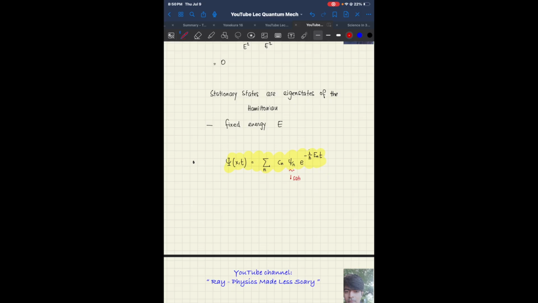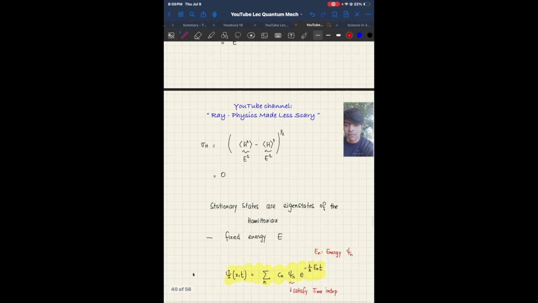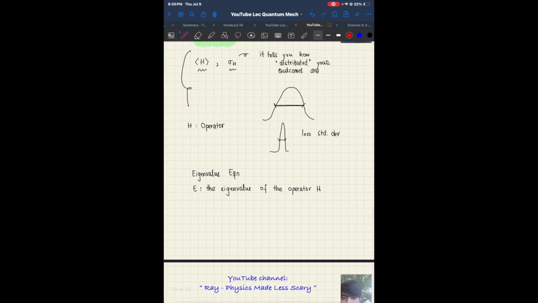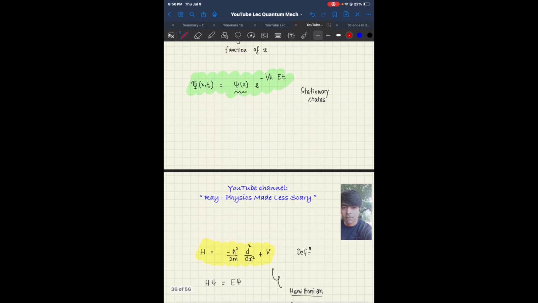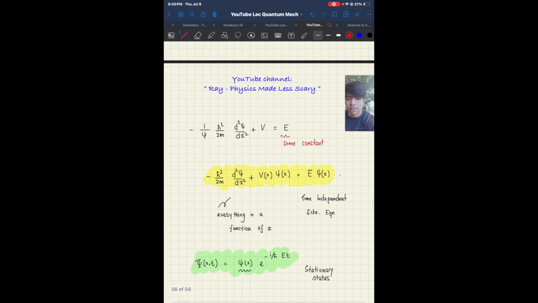satisfies the time independent Schrodinger equation, with E n being the energy corresponding to psi n, exactly as we had the separation constant E for this particular problem.